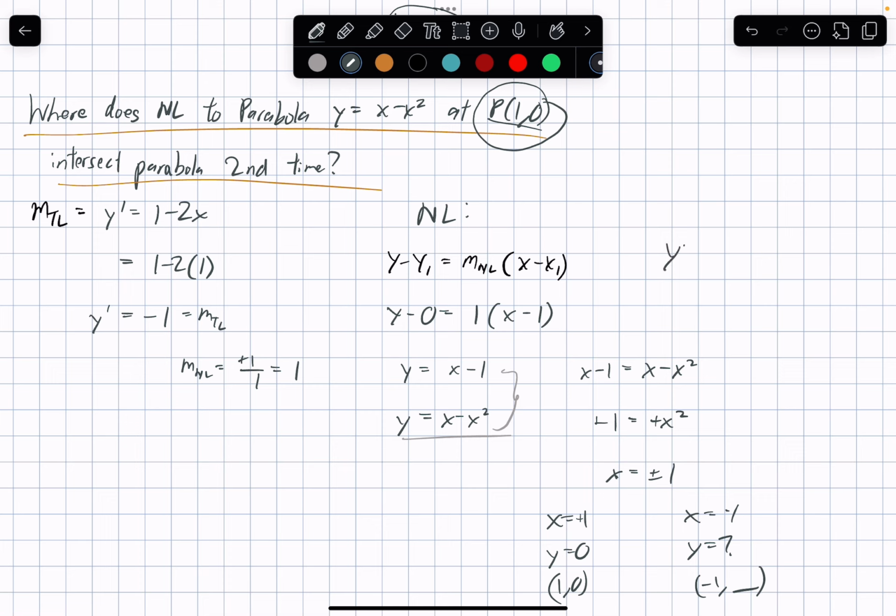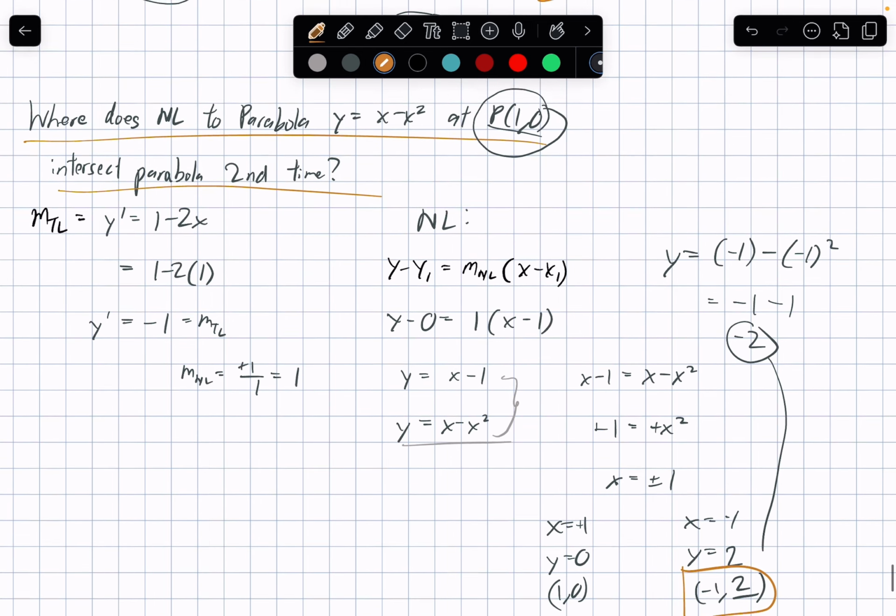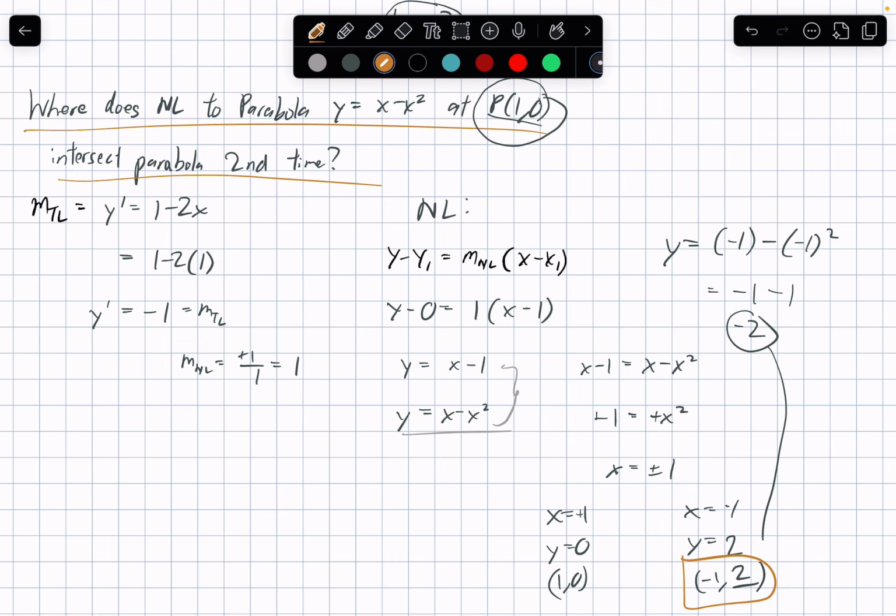So y is equal to negative 1 minus negative 1 squared. Negative 1, negative 2. So this is the other point where the normal line intersects the parabola the second time. So that's it. This is the other point of intersection, basically.